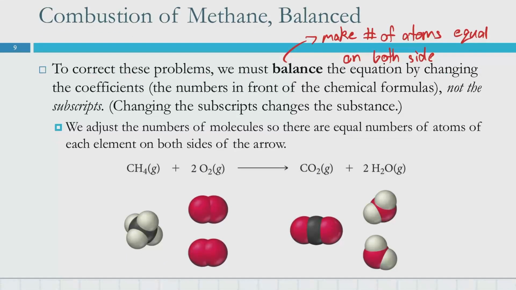So the way that we balance it is by changing the coefficients. The coefficients are these numbers that go in front. So the 2 that we put in front of the oxygen, the 2 that we put in front of the H2O, those are coefficients. We can change those because that's saying we've got 2 oxygen molecules instead of just 1. We cannot change the subscript. The subscripts are these numbers that follow.